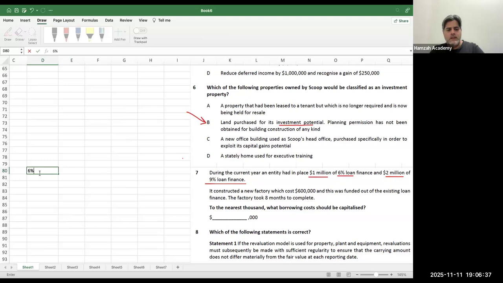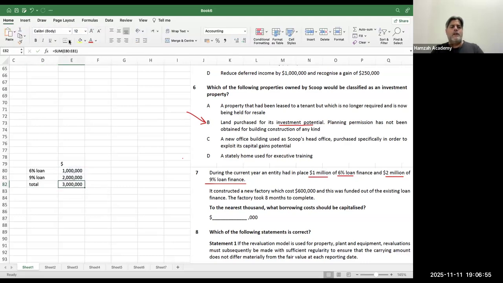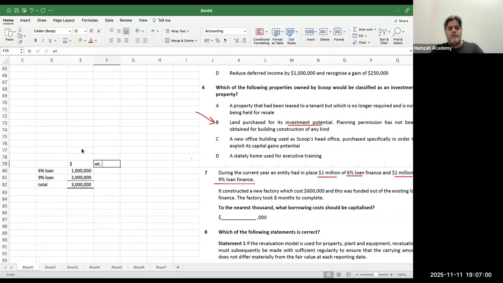We had a 6% loan, 1 million. We had a 9% loan, 2 million. So the total is 3 million, and for the weighted average, this is 1 by 3, this is 2 by 3.